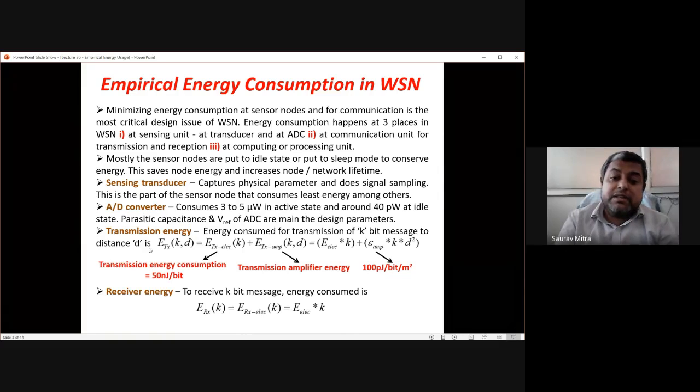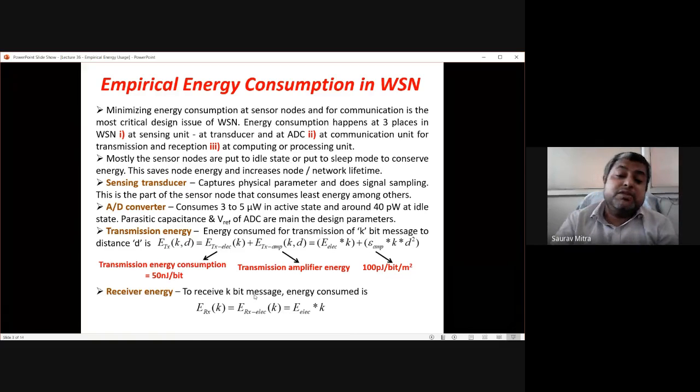Here we are transmitting k bits over d distance, so this will be that constant multiplied by k multiplied by d square. This is the transmission amplifier energy, and the first part is the transmission energy consumption.